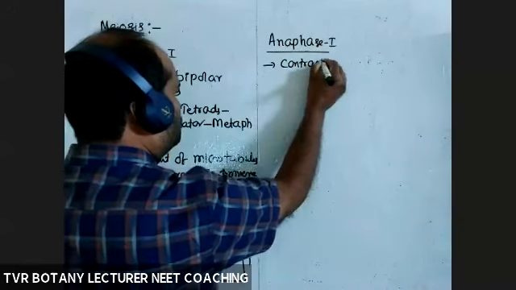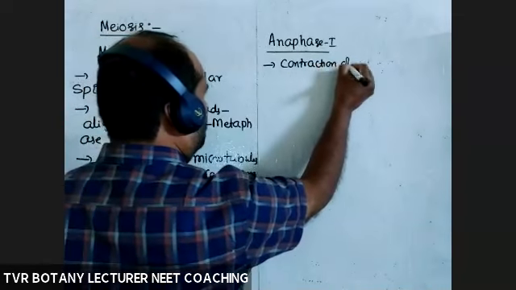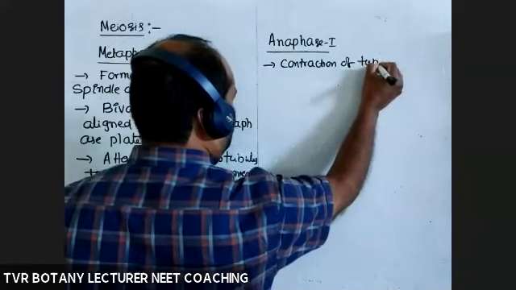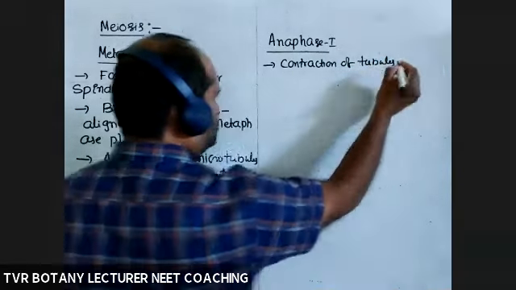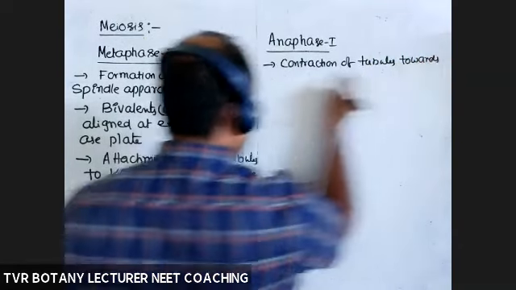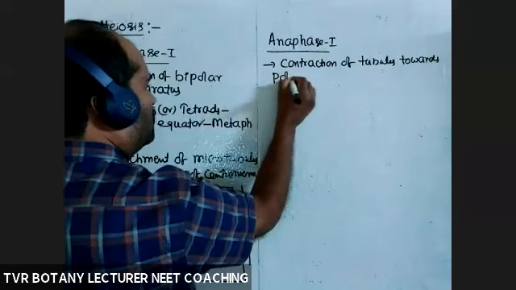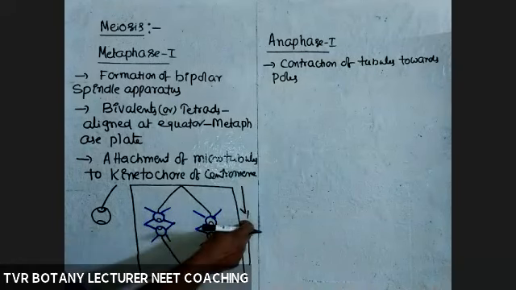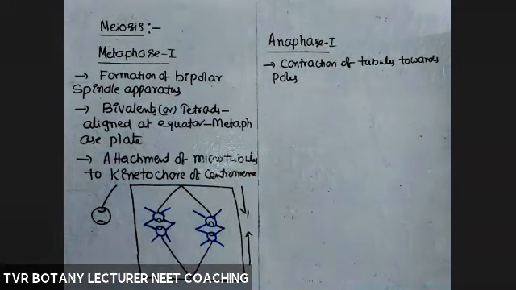Okay, so statement 1, contraction of microtubules towards poles. Here towards equator, they are going back towards pole.